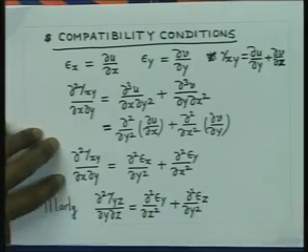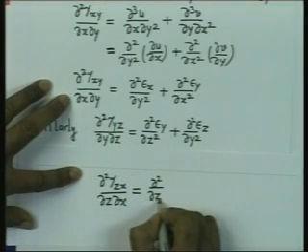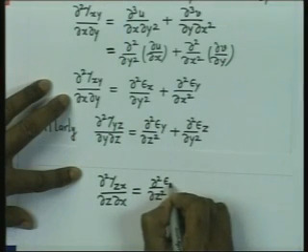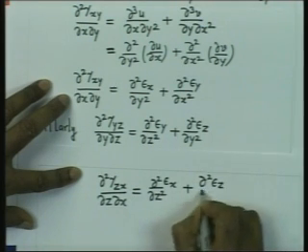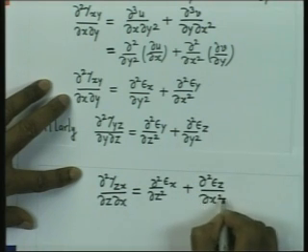So, this is the second strain compatibility condition in 3 dimensions, and the third one we can write now delta 2 gamma zx by delta z delta x is equal to delta 2 epsilon x by delta z square plus delta 2 epsilon z by delta x square.